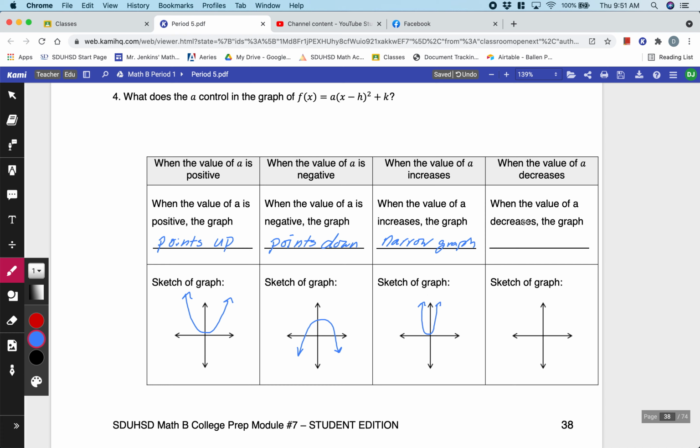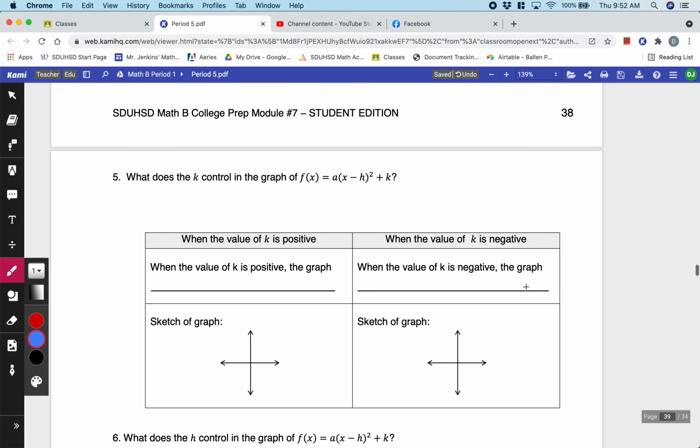And when my a value is decreasing, meaning it's getting closer to 0, we're not talking about the negative numbers, just a positive or a negative number getting closer to 0, it's going to be a wider graph. So if I were to compare y equals 10x squared versus y equals 1/2 x squared, this would make my graph go wider.